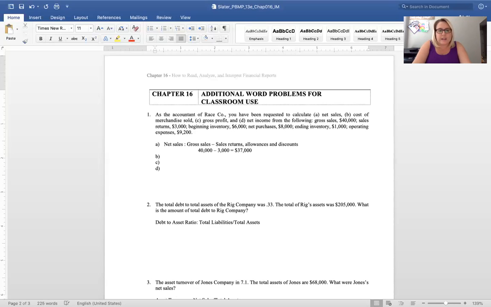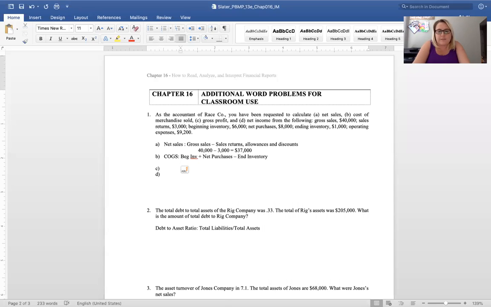B asks us to calculate cost of goods sold. Well, you guys should be pros at calculating this because we already calculated cost of goods sold when we did the inventory chapter. Remember, it's beginning inventory plus net purchases minus ending inventory.